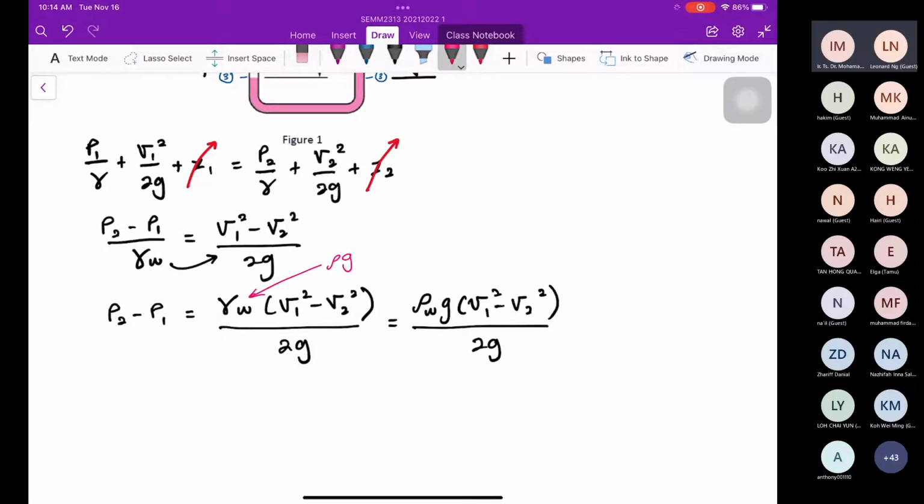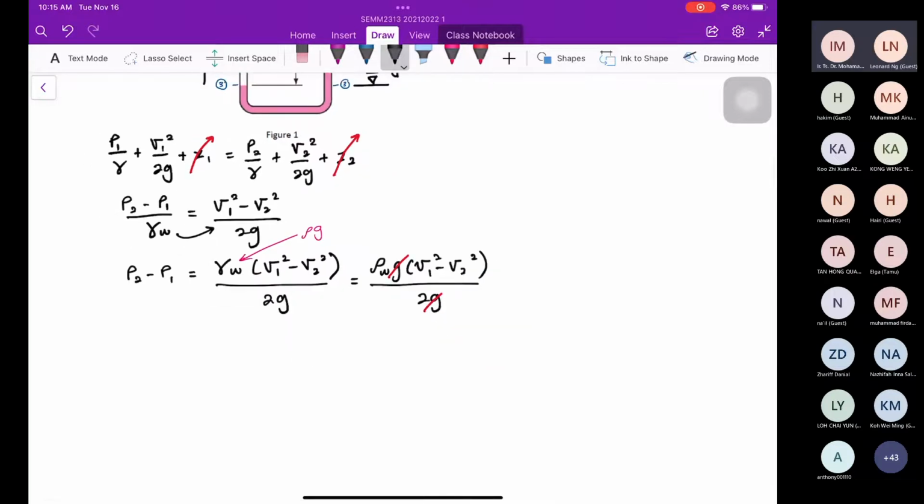Gravity and gravity cancel out. We get rho of water times (velocity 1 squared minus velocity 2 squared) over 2. Let's call this equation 1.